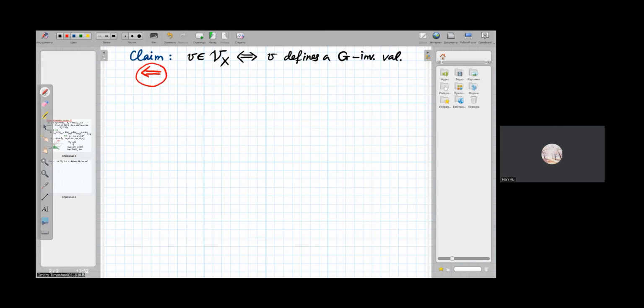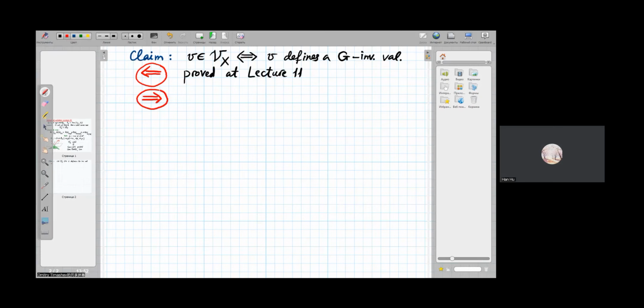So the implication from the right to the left was proved on the previous lecture, when we considered the products of two irreducible submodules in the coordinate algebra and the tails and so on. It remains to prove the opposite implication from the left to the right, that these inequalities are also sufficient to get a G-invariant valuation.